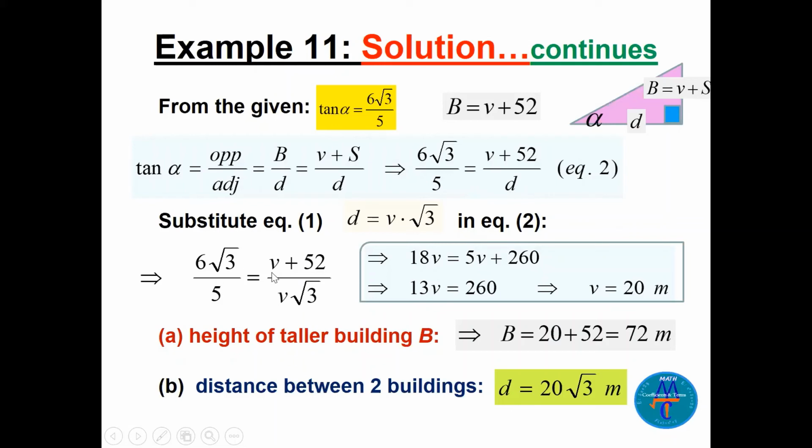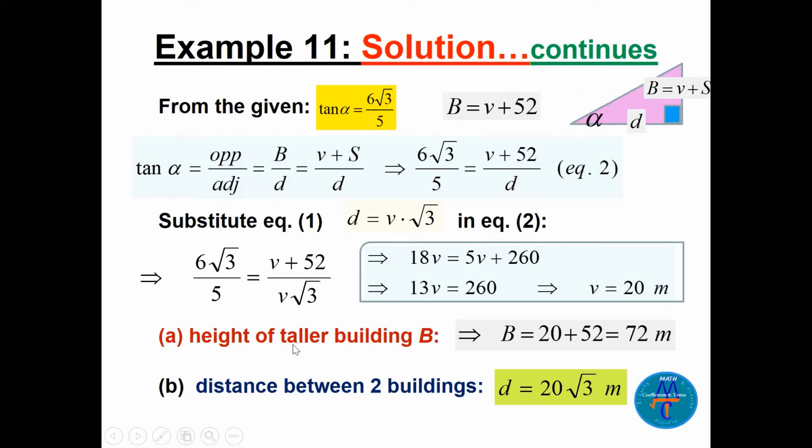Let's cross multiply. So square root of 3 times square root of 3 is 3, times 6, 18V is equal to 5V plus 260. Take 5V on the other side, subtract. So 13V is equal to 260, divided by 13, V will be 20 meters.